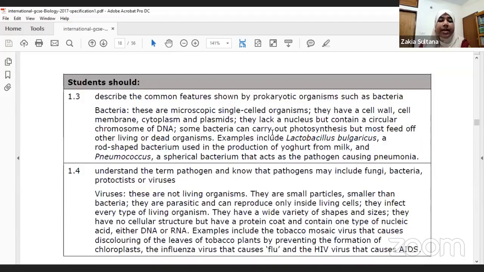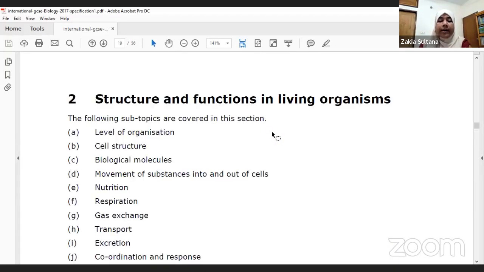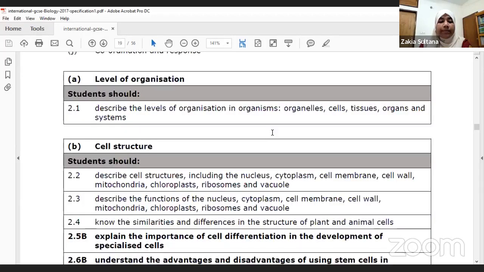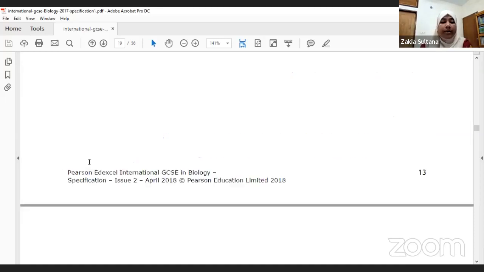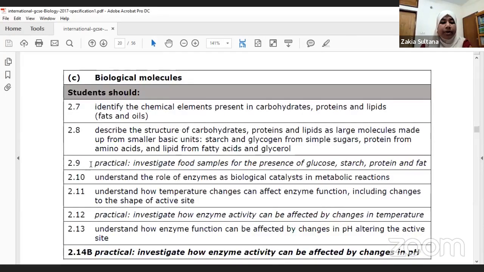Now, what I wanted to explain is how you understand the paper 1 and paper 2 topics. So here you can see there are some headings or numbers given, 2.5b, 2.6b, or there might be some other points as well, 2.14b.